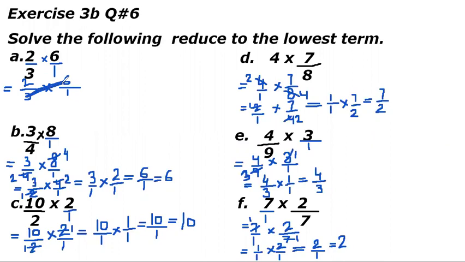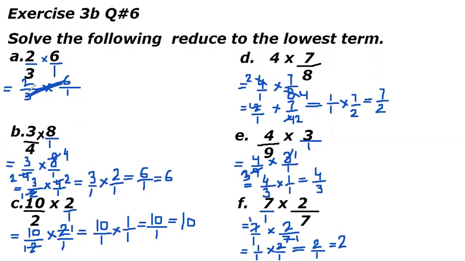We will check this diagonal, that the numerator of second fraction and denominator of first fraction both are the factors of number 3, or in other words, both are the multiples of number 3. Number 3 is the factor of both 3 and 6. Okay, 3 is the factor of 3 and 6, or 3 and 6 are the multiples of 3.